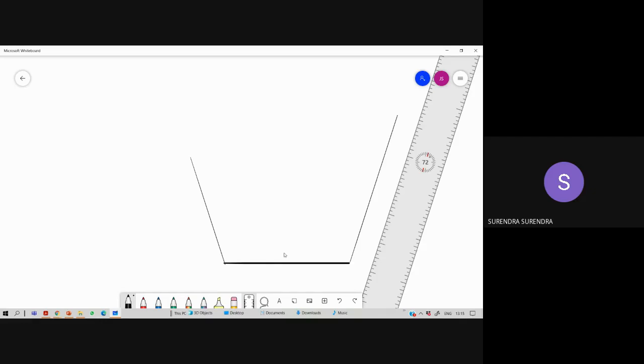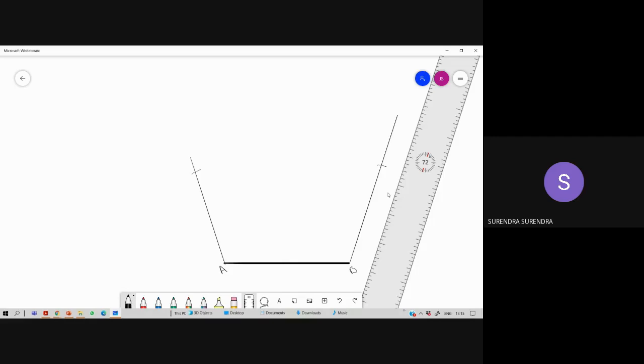Let the base be side AB. With A as center and 30 mm radius, draw an arc on this inclined line. Similarly, with B as center and 30 mm radius, draw one more arc on this inclined line. So now the three sides are 30 mm, 30 mm, 30 mm.